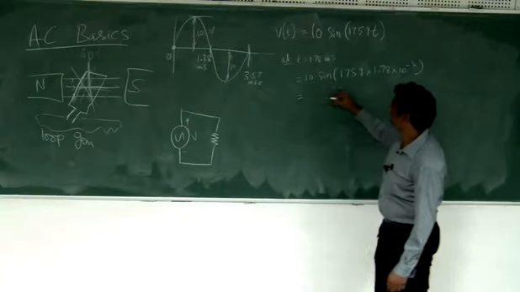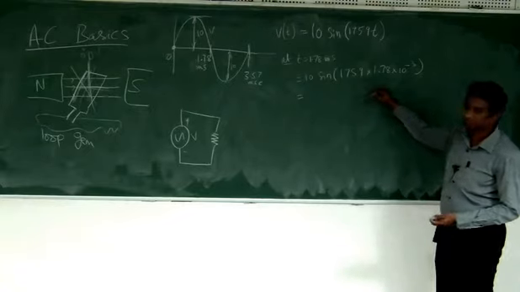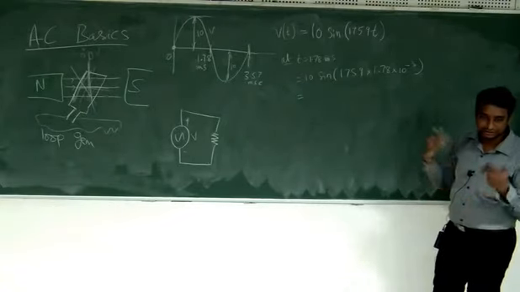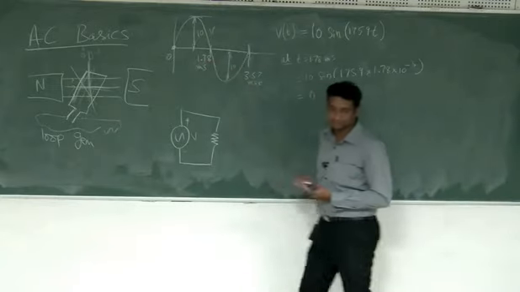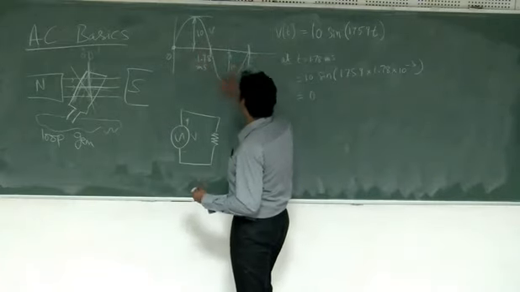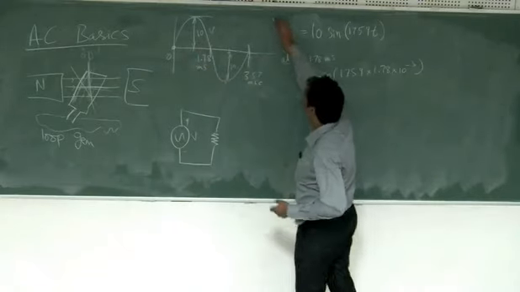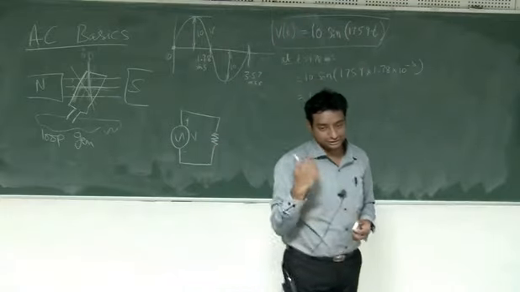So how much is this? This will be sine pi. Sine of pi is 0, so it is 0. That corresponds to this one. So like that, any point on this, instead of drawing this waveform every time, I can simply write like this. So this is the first way of representing the sine wave.